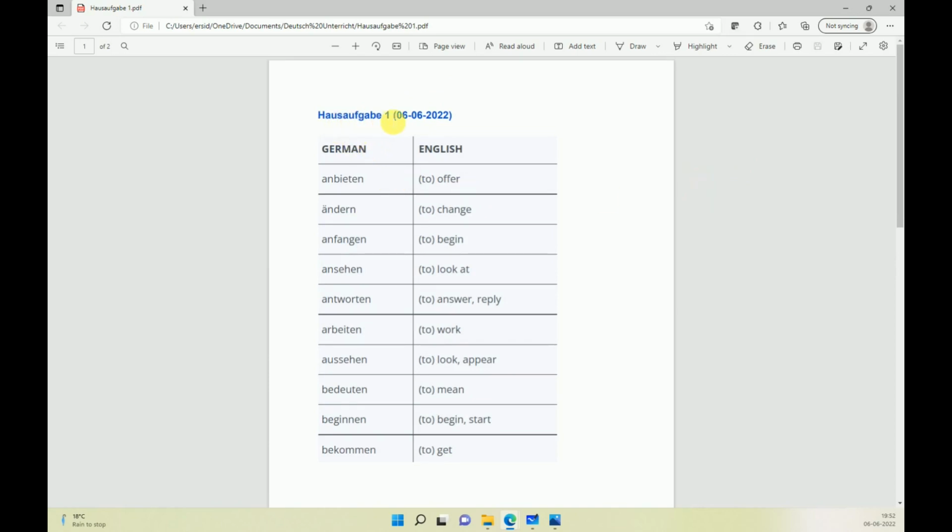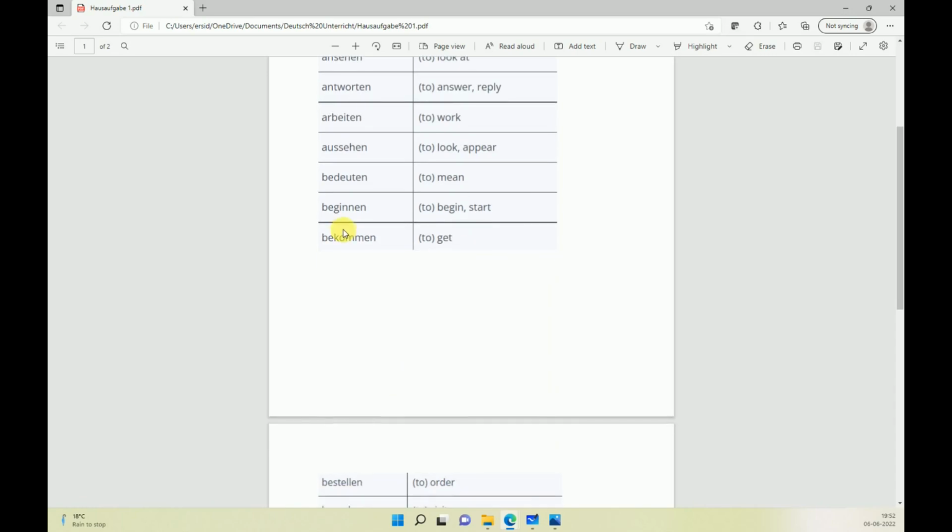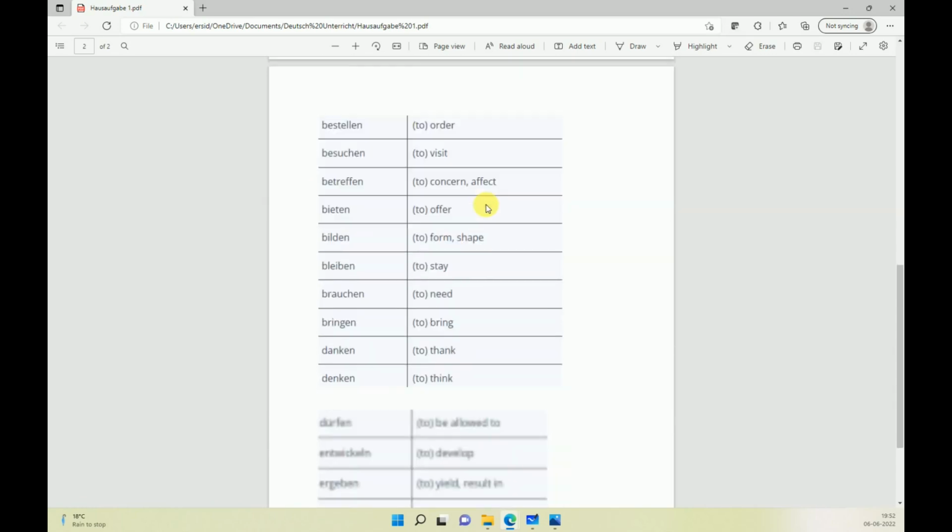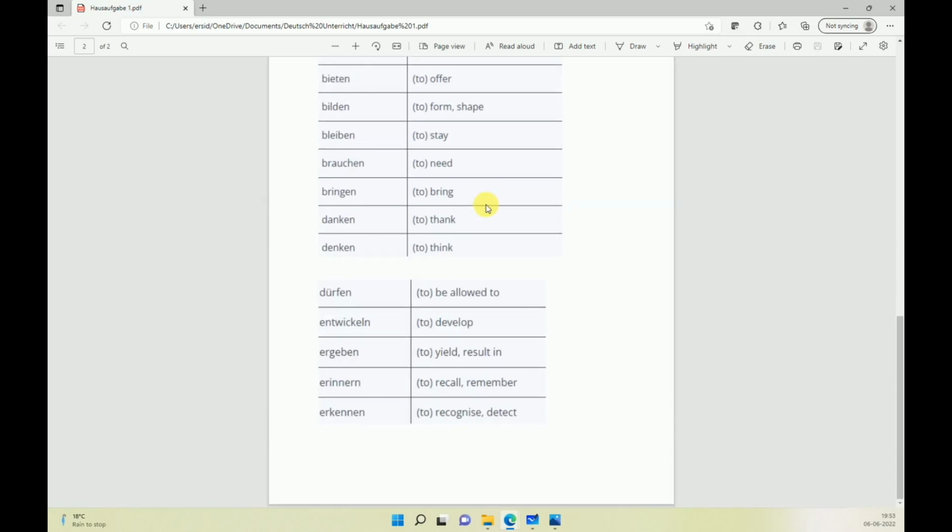So this is Hausaufgabe 1, 6622. It's very simple. You only have to learn it by heart. These are verbs and this is their meaning. As I said, it's a 25-point Hausaufgabe. Jeden Tag bekommen Sie diese Hausaufgaben. That means you will be receiving this homework every day, and it's definitely not going to take a lot of time.